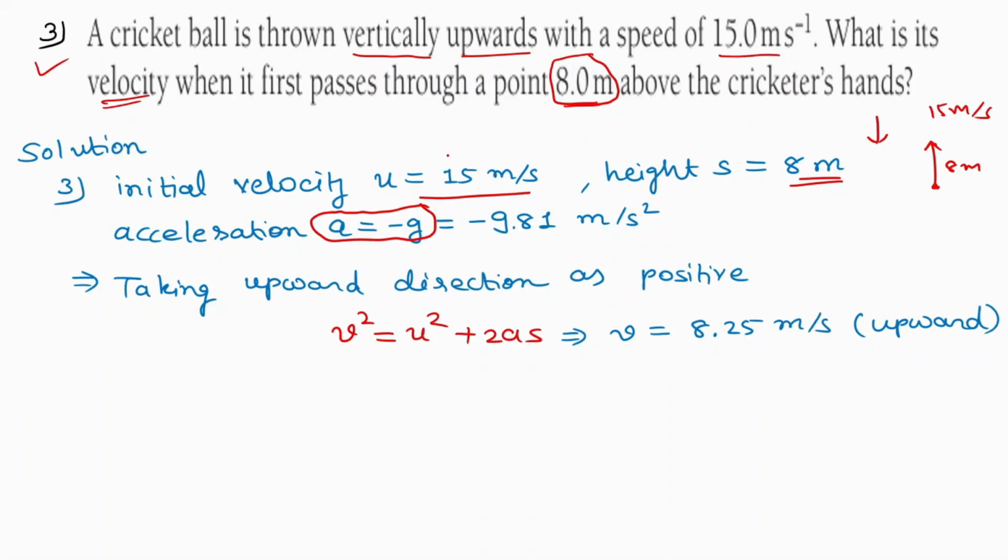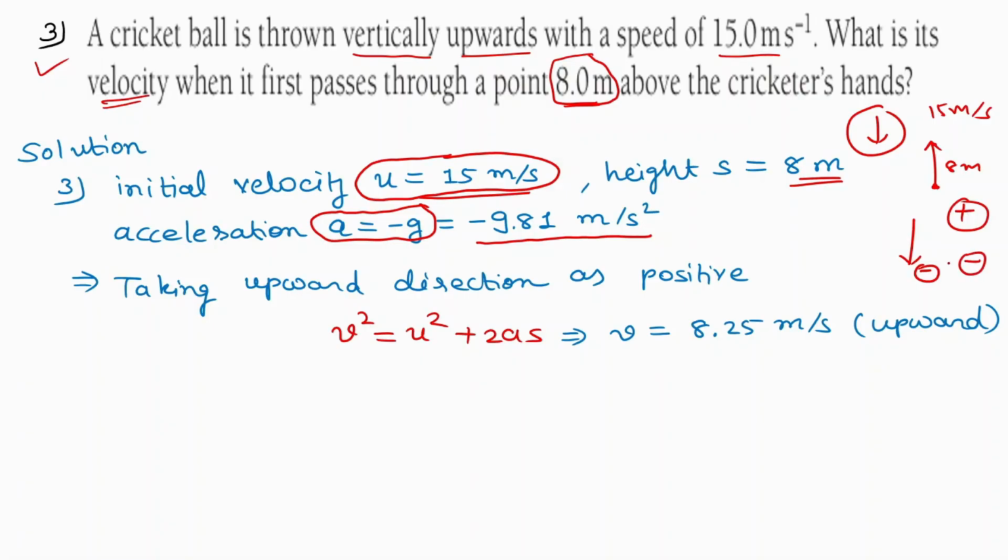So if you take the initial velocity, which is going vertically upward, as positive, and the downward side as negative, here I mentioned the acceleration as a negative value. So take upward as positive, downward as negative. I hope you are clear about this sign convention.